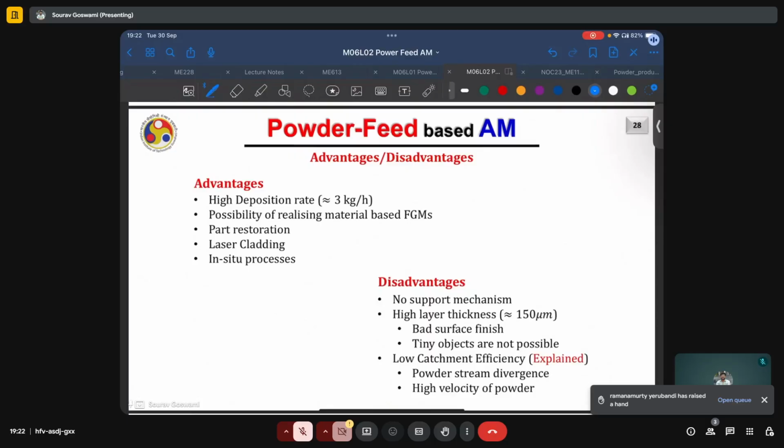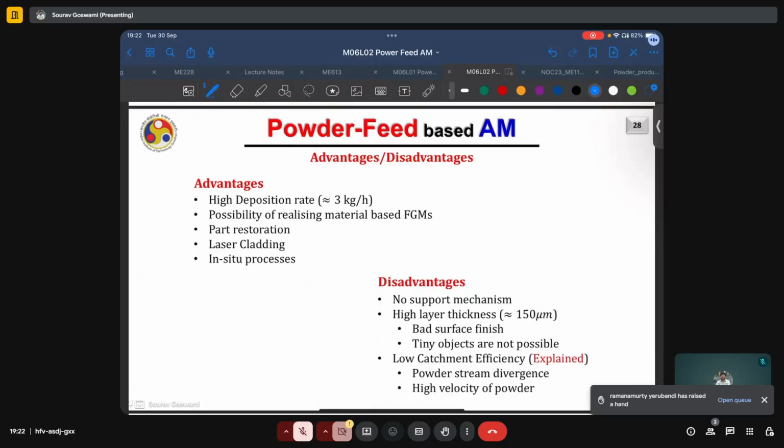And it also allows for various in situ processing. For instance, for in situ alloying, where if we have multiple powder nozzles, we can feed different powders from the nozzles, or we can control the flow rate from the different nozzles to combine or alloy these powders on the fly.